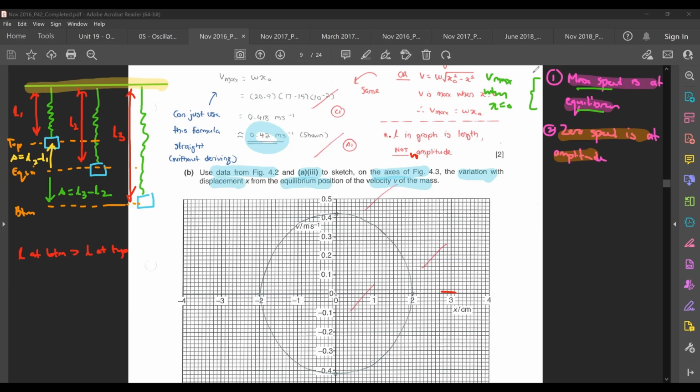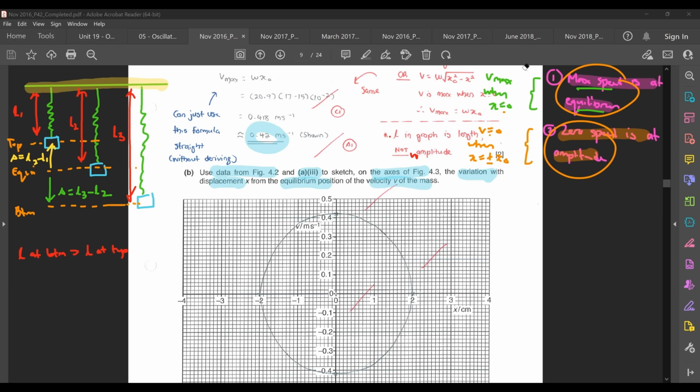This in turn means V is 0 when x equals positive or negative x naught. Okay, these are the two most important pieces of information to always remember. When you have max speed at equilibrium, that means when x is 0, V is max. When you have 0 speed at amplitude, this means V is 0 when you have positive and negative amplitude.